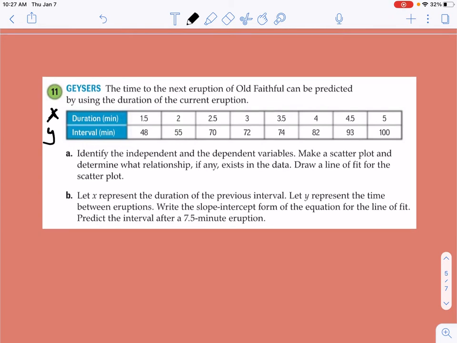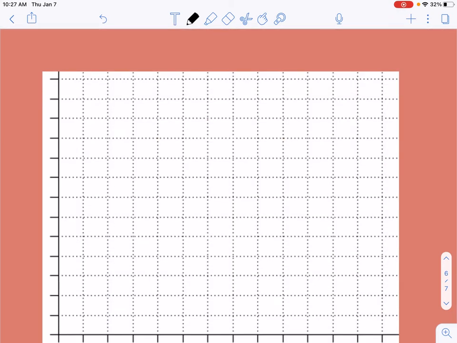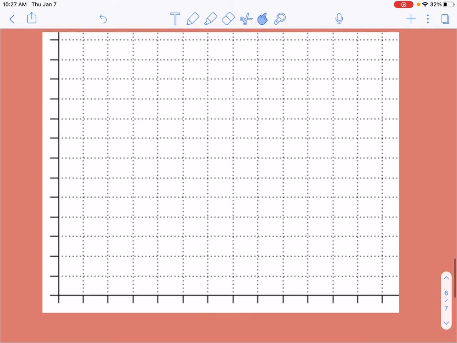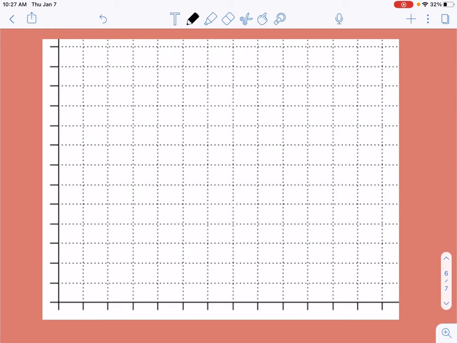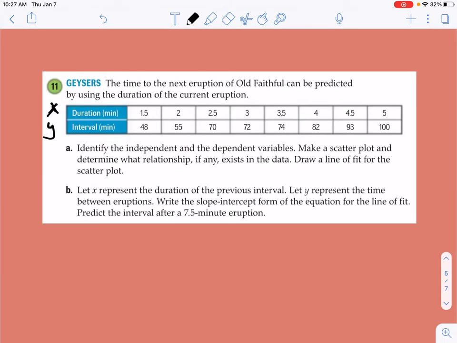So we're going to go down here and call this one our duration, this one right here. And then our interval is going to be right here. Okay, so let's go back up now, and we're going to make a scatter plot. If I look at the values of my numbers, my duration goes all the way up to 5, my interval goes to 100.